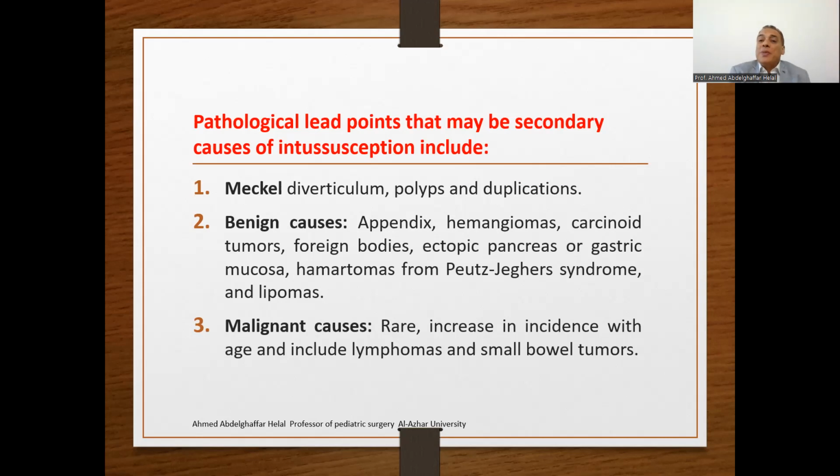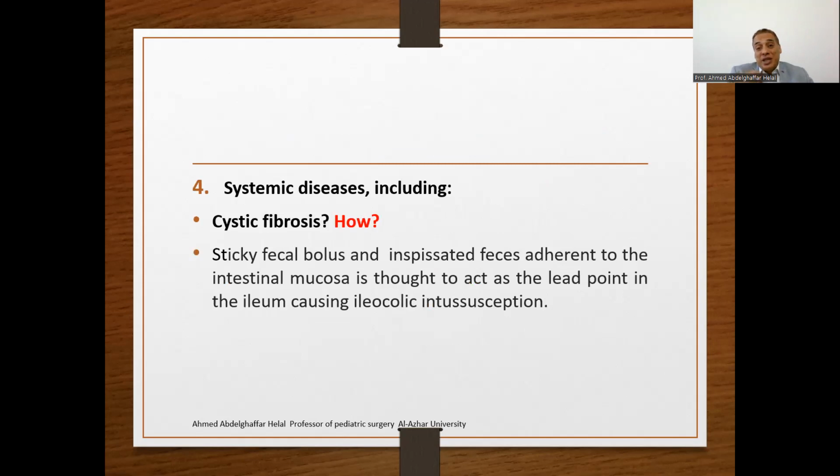Sometimes the leading point may be the appendix, some hemangiomas, carcinoid tumors, foreign bodies, ectopic pancreatic or gastric tissues, hamartomas, or some syndromes may be the leading point for intussusception. Malignant causes, although rare, increase in incidence with age and include lymphomas and small bowel tumors. We may have some systemic diseases like cystic fibrosis.